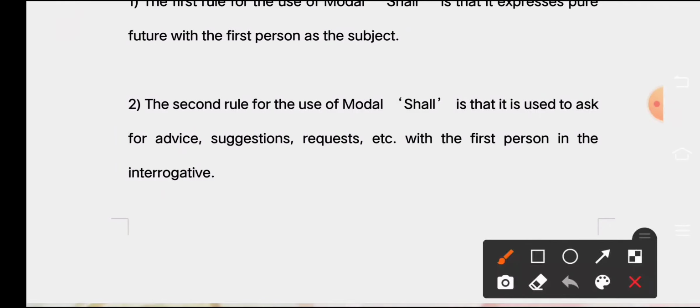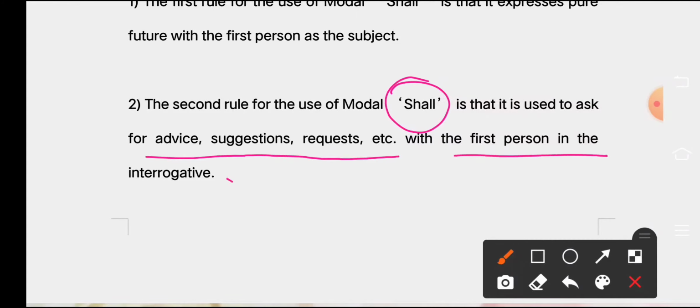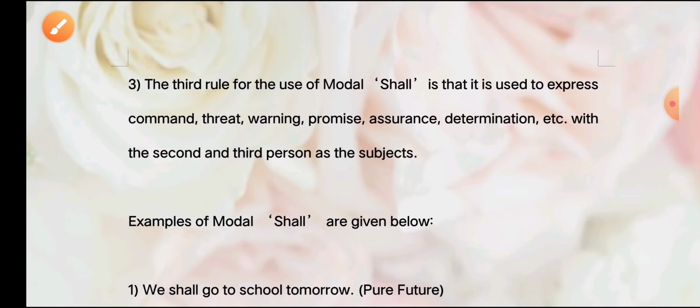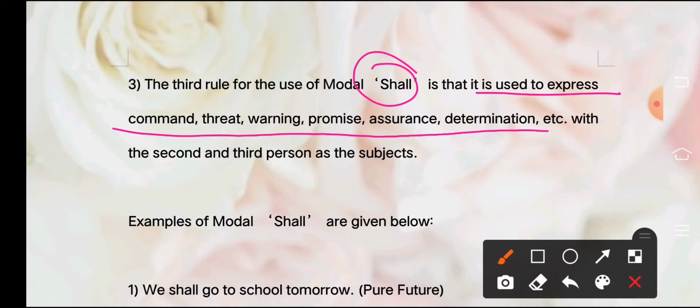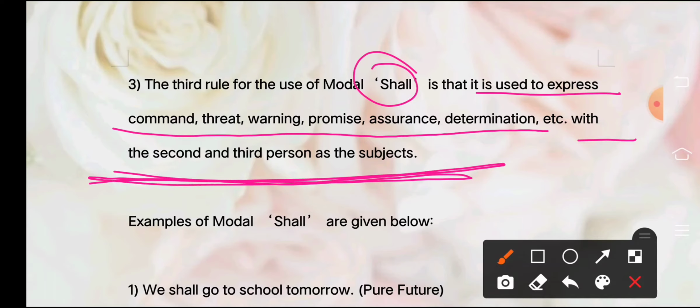Second rule is that shall can be used to give advice, suggestion, request with the first person in interrogative sentences. And the third one is that shall is used to express command, threat, warning, promise, assurance and determination with the second and the third person as the subjects. So just take the screenshot of this and note it down in your notebook quickly.